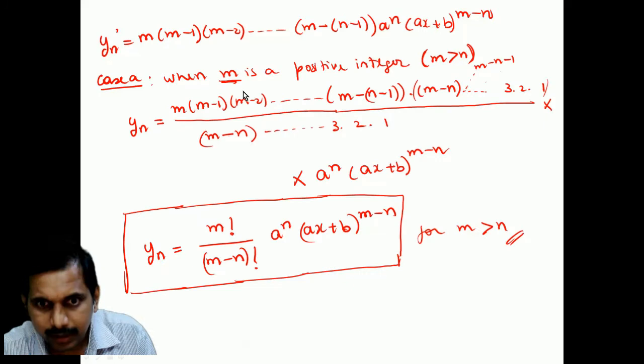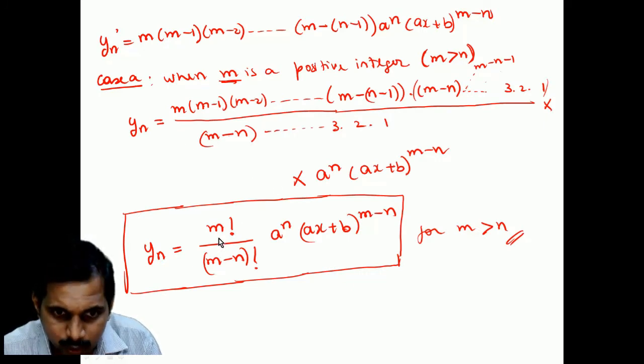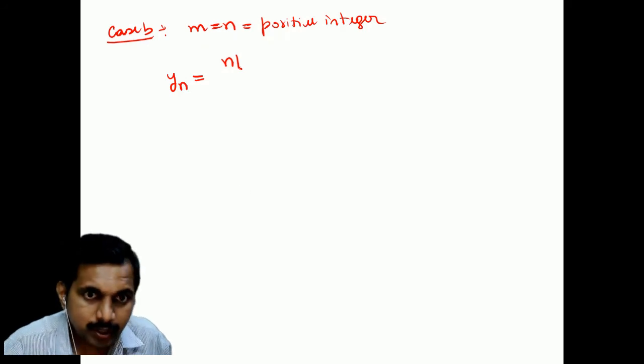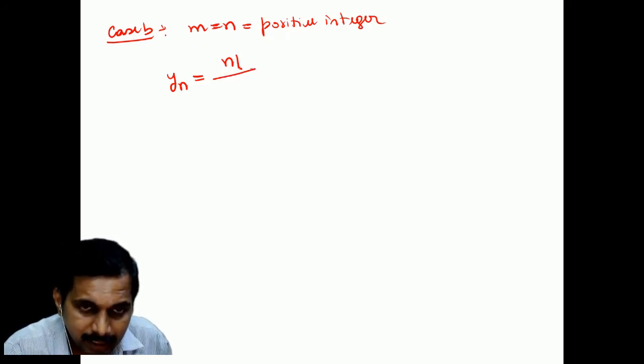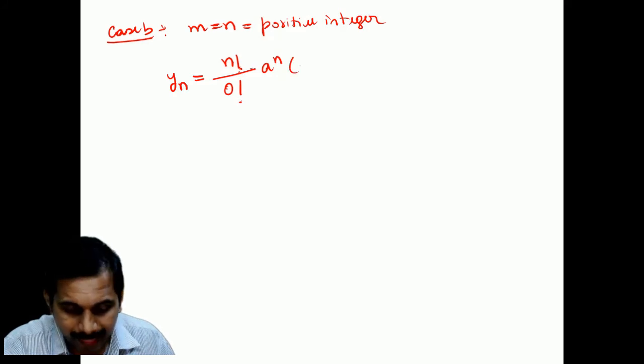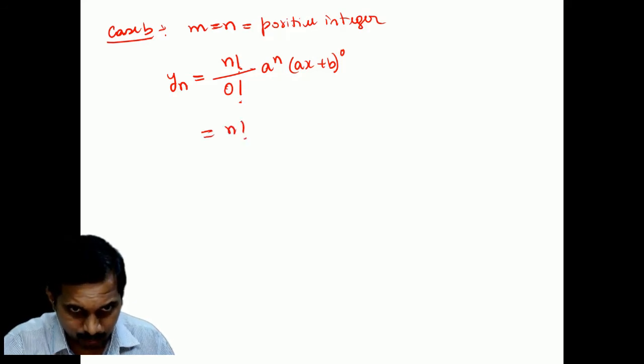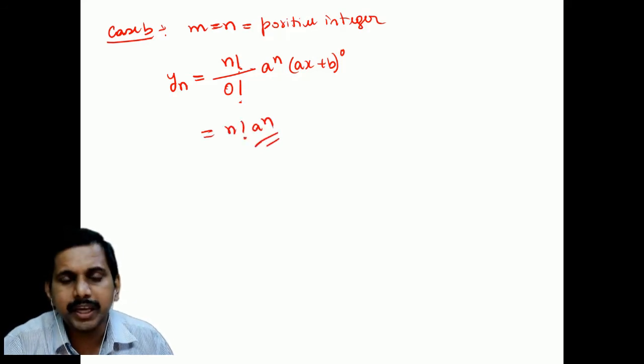Why n factorial? Because here we are getting m factorial, m is equal to n, so n factorial divided by 0 factorial. What is 0 factorial, students? 1, right? Into a raised to n into ax plus b raised to 0. So what is the answer here? It is n factorial into a raised to n.